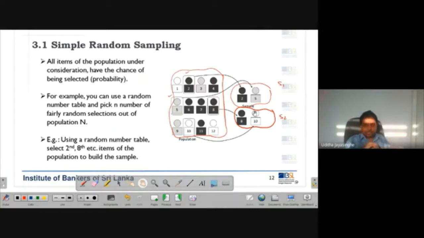This simple random sampling methodology will be utilized by many other sampling methodologies also. You will learn a couple of them in a little while, where once you have a particular pre-selection criteria, for that selection criteria also, you can put the simple random sampling and select the final sample.